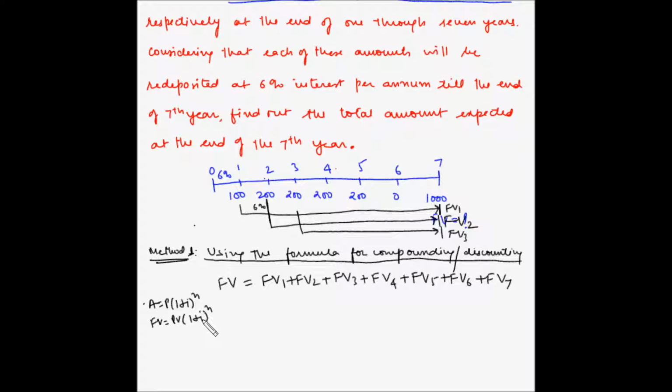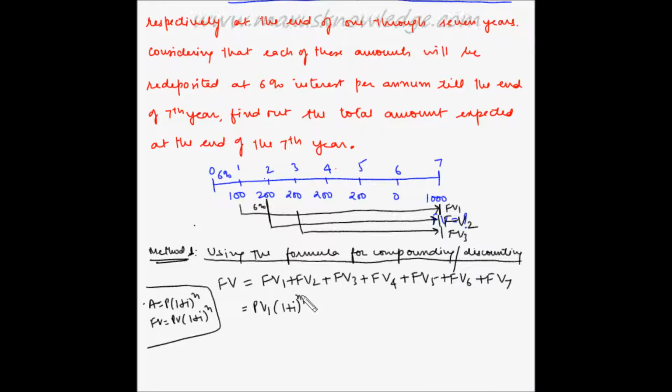Here I is the interest per compounding period, n is the number of compounding periods, PV is the present value and FV is the future value. So if we write the same thing into this formula, we'll get FV1 equals PV1 into 1 plus I to the power n1.